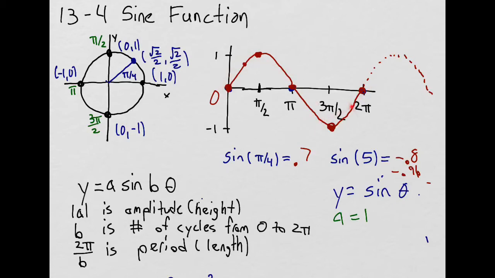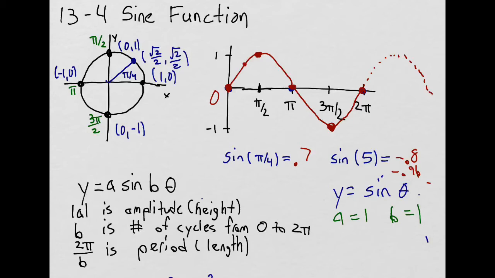That is a cycle. Okay? So this one, from 0 to 2 pi, how many complete cycles do I have? Well, it's exactly 1. So the b of this one, the basic function, is also 1. So in this one, a is 1 and b is 1.